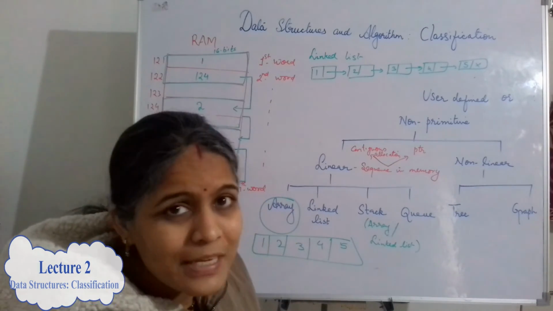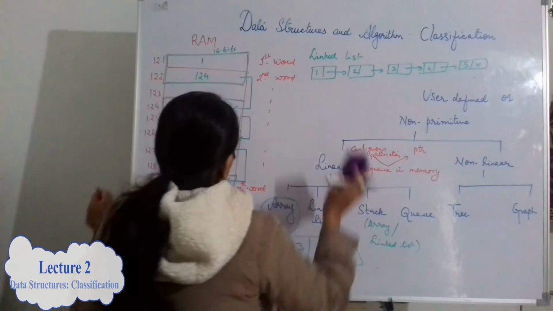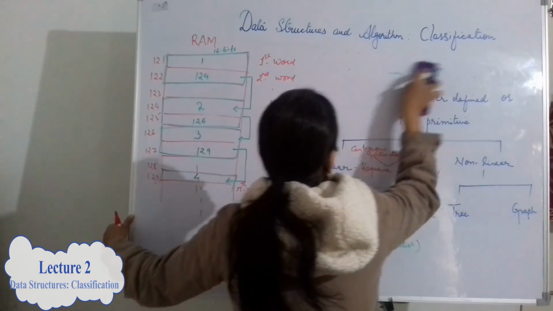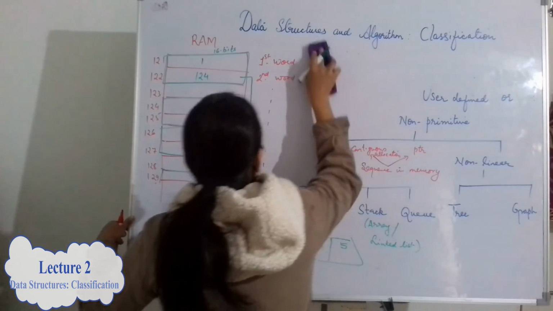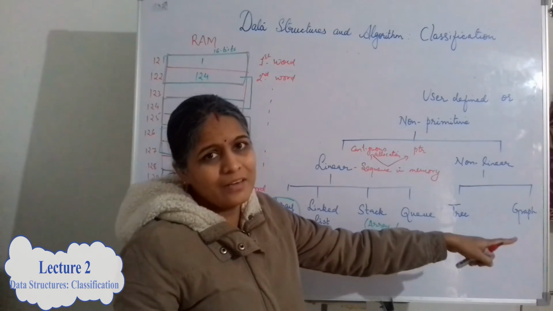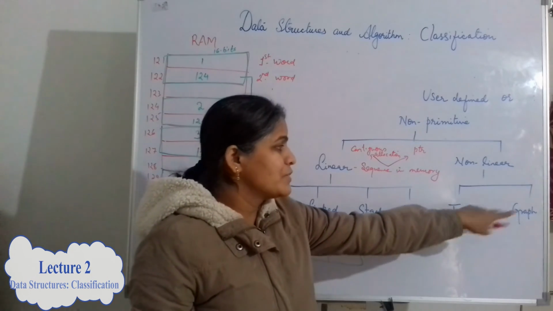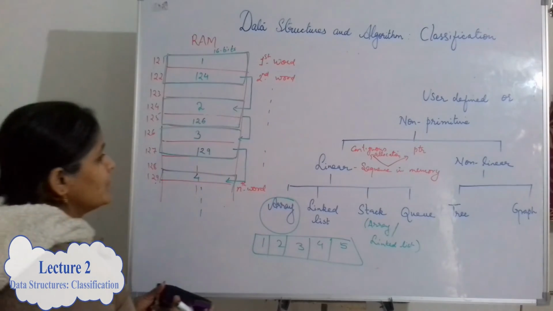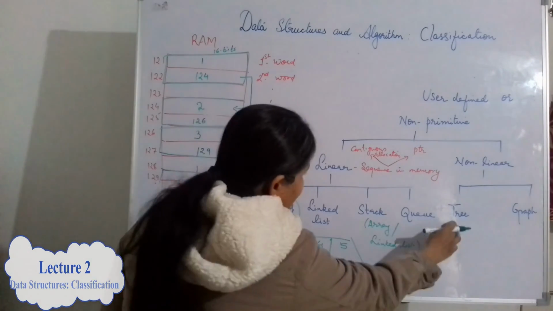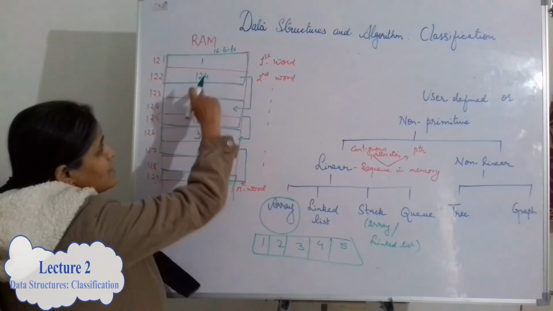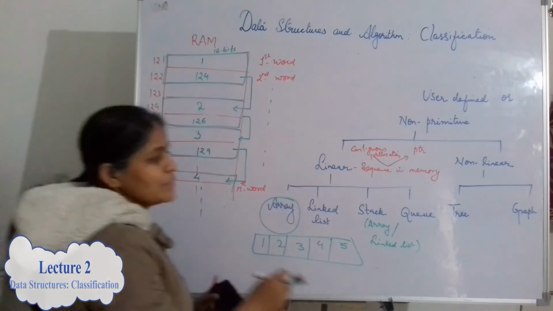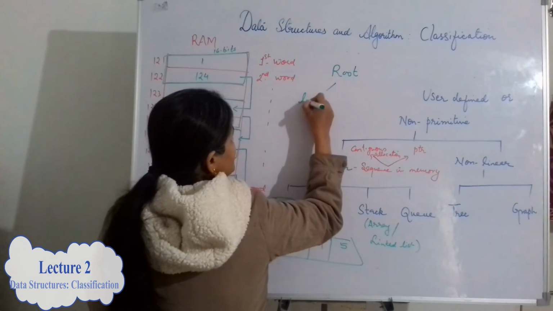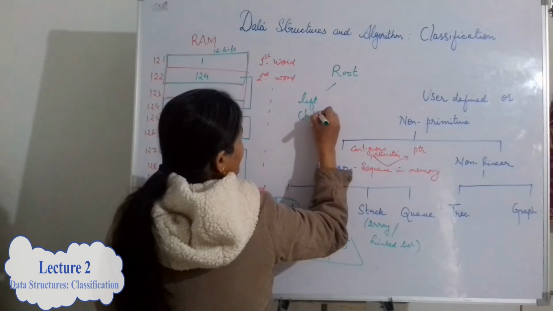But for trees and graphs, we never maintain a linear sequence in the memory. When I define tree and graph, then we will see the storage of tree and graph in the memory. For this time, you can assume that we never maintain a sequence between the items of the tree or graph, because there is no relationship between root, left child and right child.